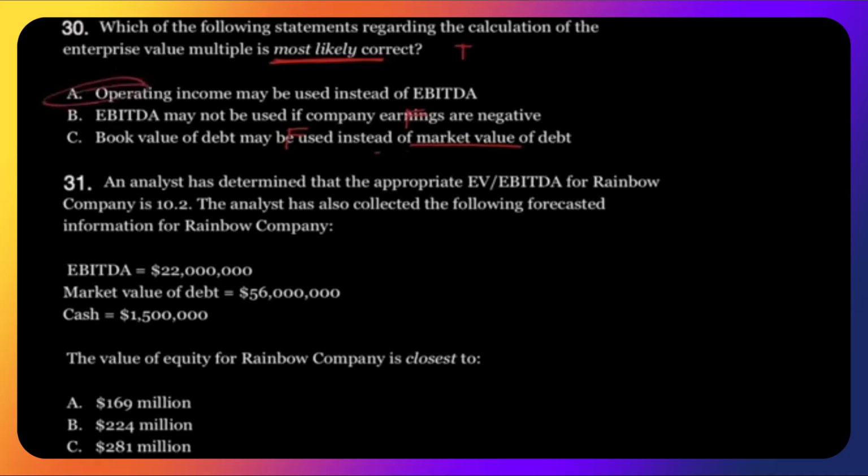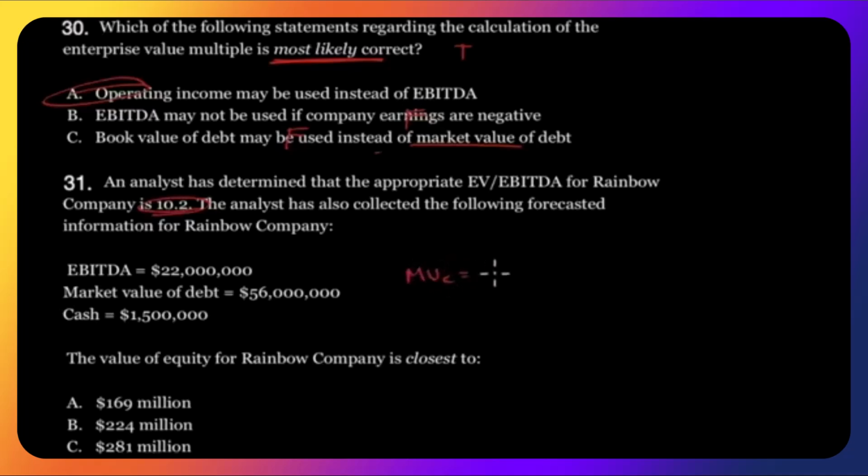So, which is most likely correct? A. An analyst has determined that the appropriate enterprise value to EBITDA for Rainbow Company is 10.2. The analyst has also collected the following forecasted information for Rainbow. EBITDA is 22 million. Value of debt is 56 million. Cash is 1.5. The value of equity for Rainbow Company is closest to. Well, we've already done that, right?